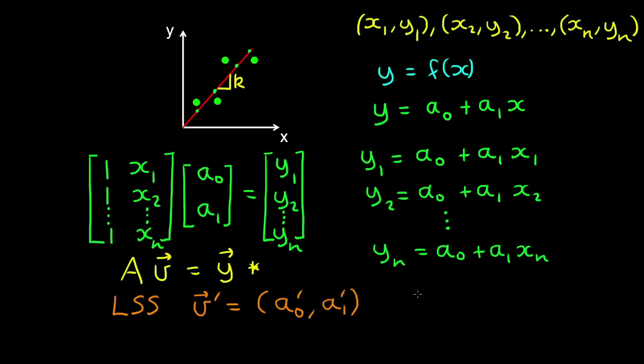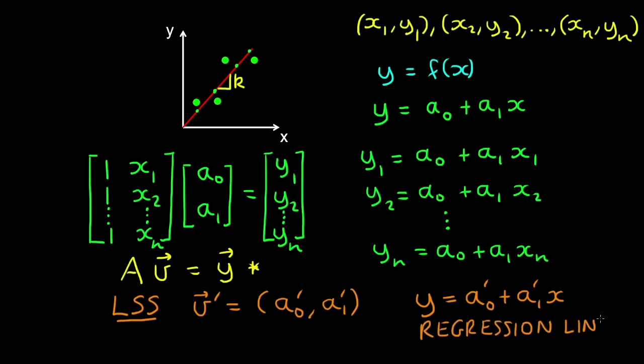So therefore, the line with the coefficients a0 dash and a1 dash, where the coefficients come from a least squares solution, is called a regression line, or a least squares straight line fit to data. So if we can find this linear relationship, then for some point x, we can approximately predict the value y if we had this relationship.